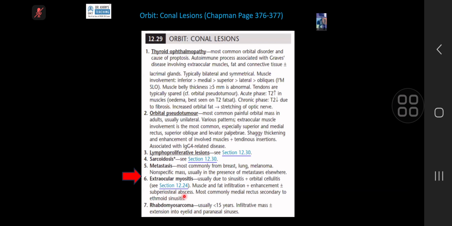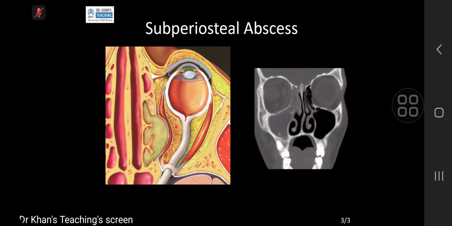So now this picture tells you what happens when you will see opacification of the ethmoid sinus. This is the lamina papyracea, which is a very thin bone, and subperiosteal abscess will sit here within the, as the name tells you, subperiosteum.